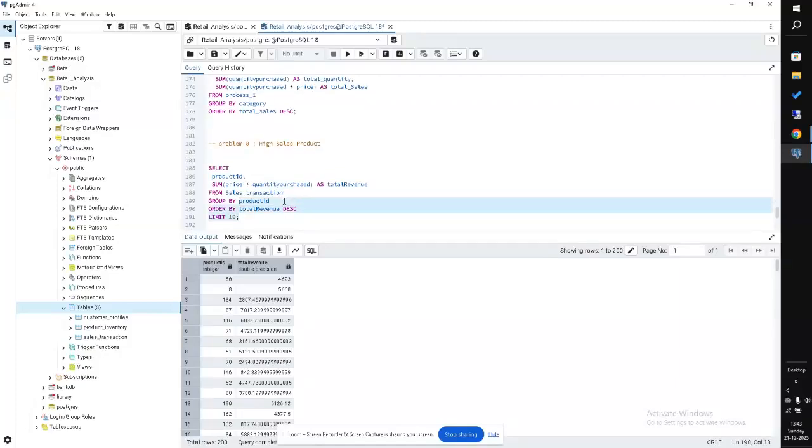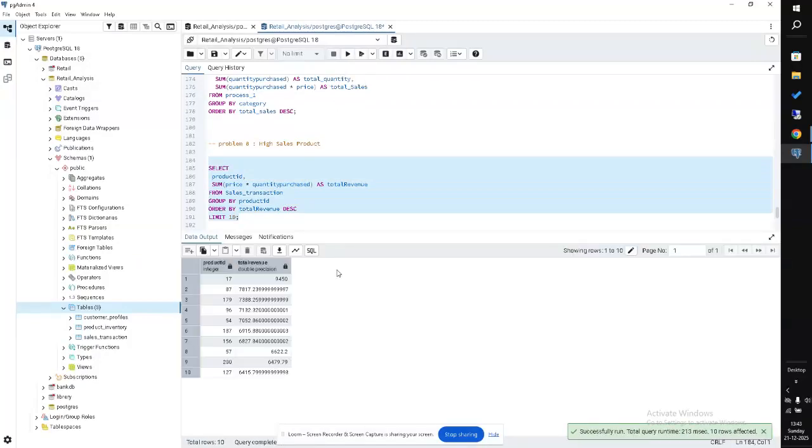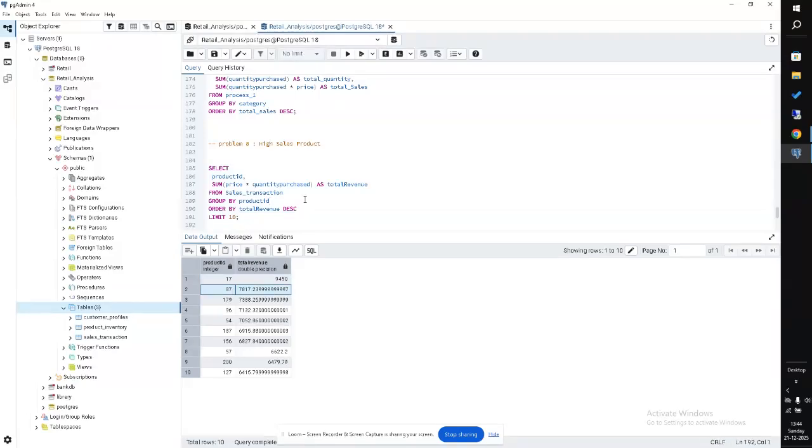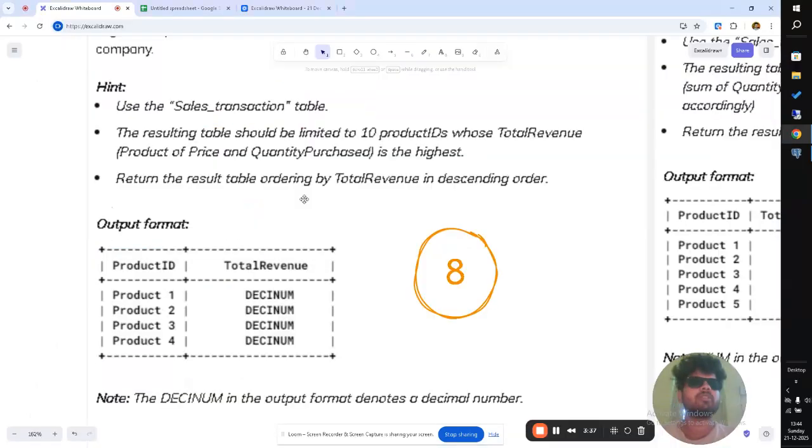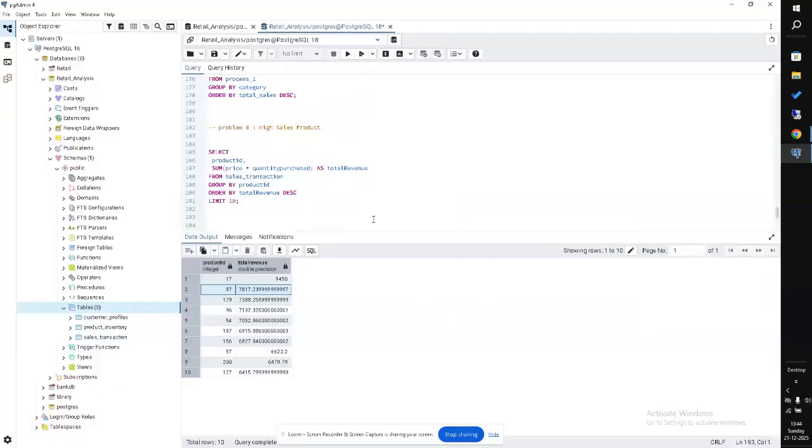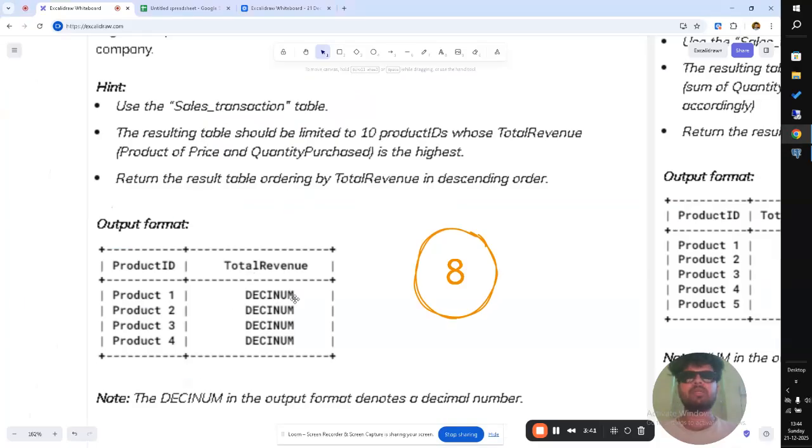By doing this, we will get the top 10 highest earning products. So yes, product 17 is the highest earning product, followed by 87. Great. So we solved question number 8, product ID and total revenue.